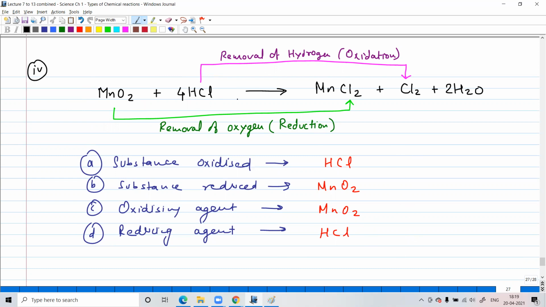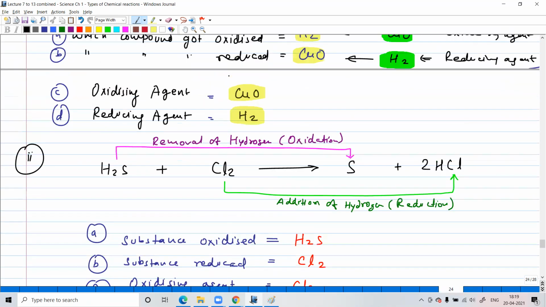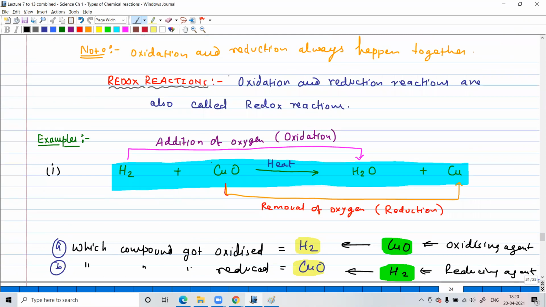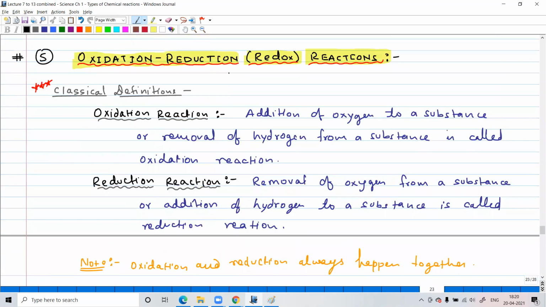Very clearly remember what the rules for oxidation and reduction are. In the classical definition, if hydrogen and oxygen are there in the reaction, you will remember this definition. What was that? Addition of oxygen or removal of hydrogen represents oxidation.